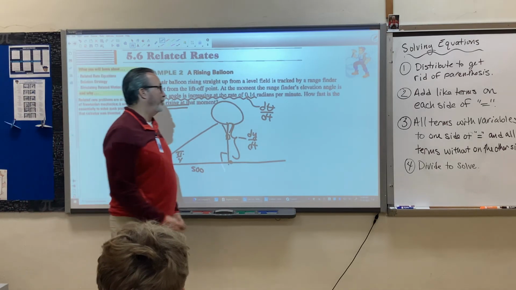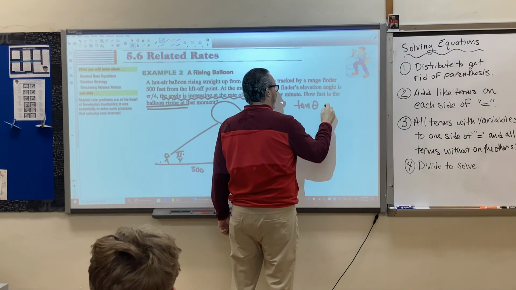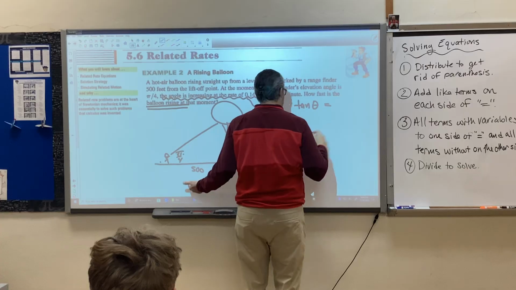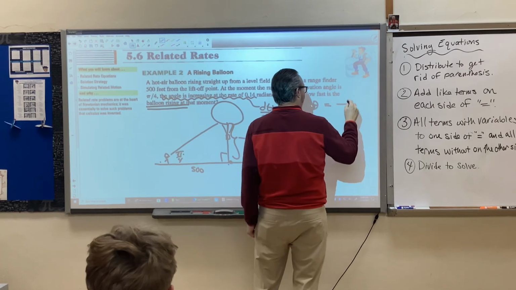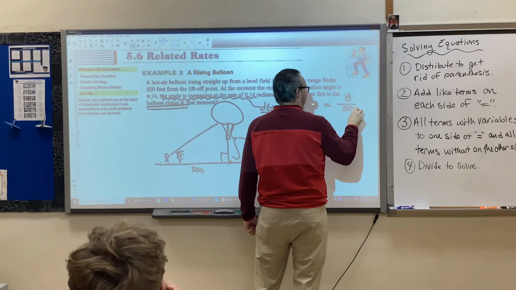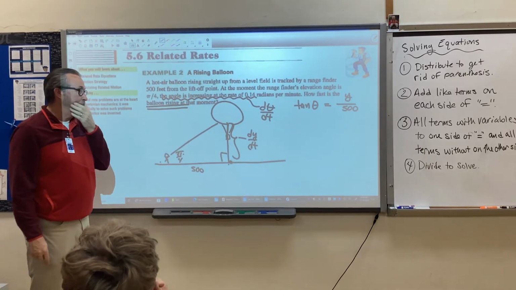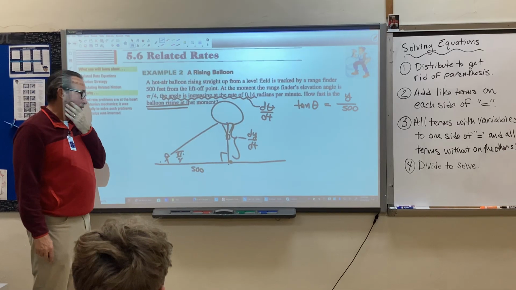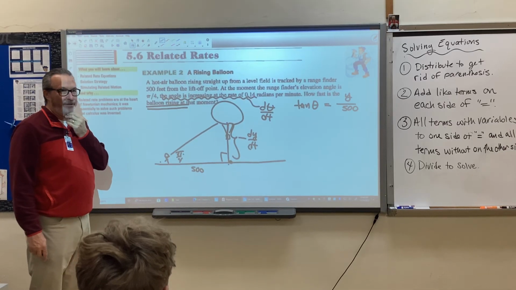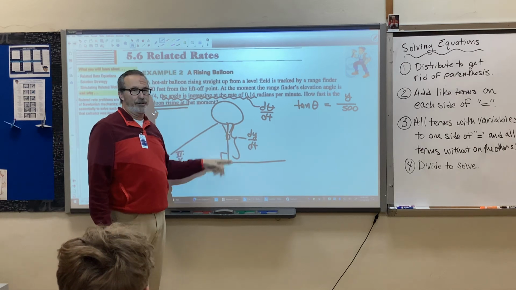We've got tangent of theta is opposite y over adjacent 500. We're going to take the derivative in terms of time of that equation, and we'll be able to relate these rates of change, the change of the angle and the change of the altitude.